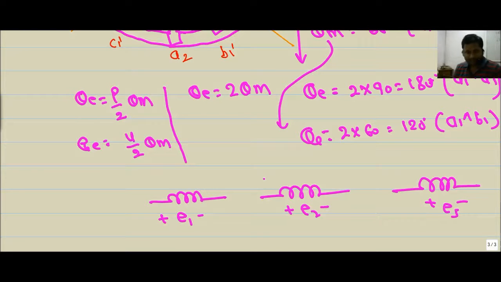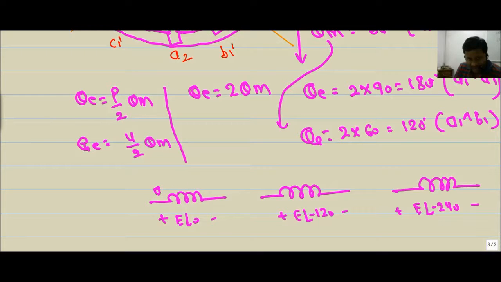For the sake of expression, we take these as plus minus E angle 0, plus minus E angle minus 120, and plus minus E angle minus 240. This is A1, this is A1 dash, this is B1, this is B1 dash, this is C1, this is C1 dash.